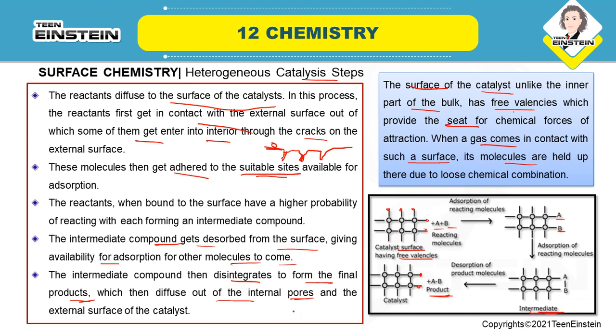Ultimately, as it is diffusing out of the internal pores, the external surface of the catalyst and also the internal pores, that is if there are some cracks, both the surfaces will be again vacant and another cycle can start. So this is the mechanism, or we can say the catalytic steps that are followed in heterogeneous catalysis.